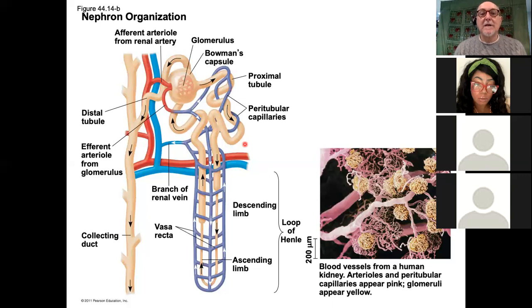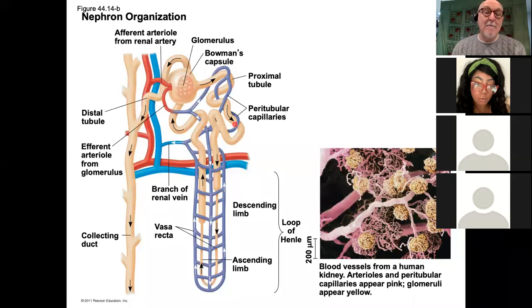The proximal and the distal tubule have the properties that they can absorb things. For example, the proximal tubule is largely responsible for absorbing all the useful stuff like food, like nutrients, glucose, and things which might be present here.